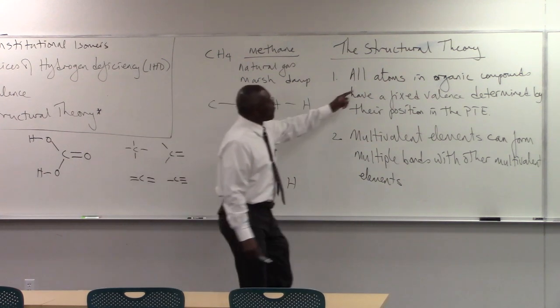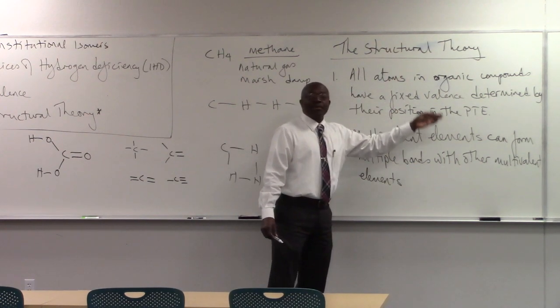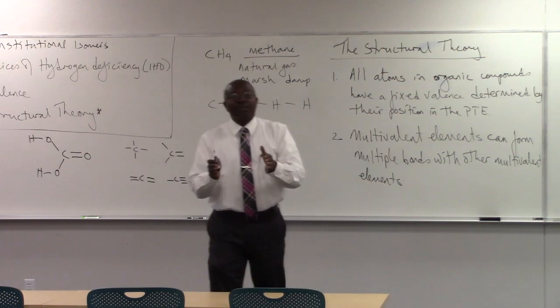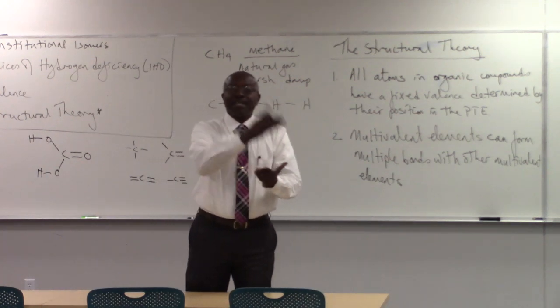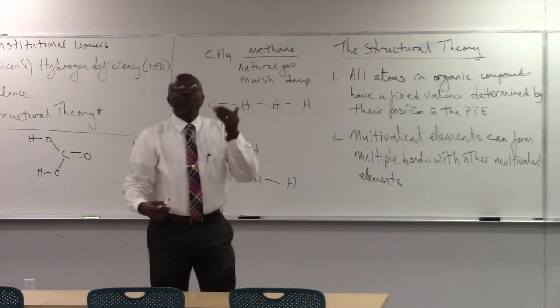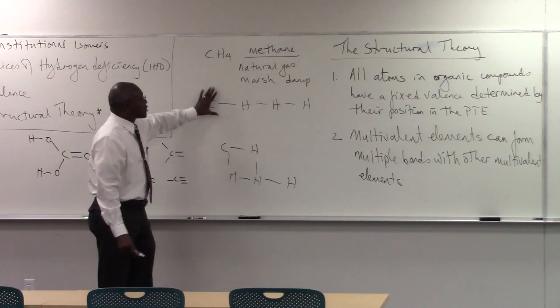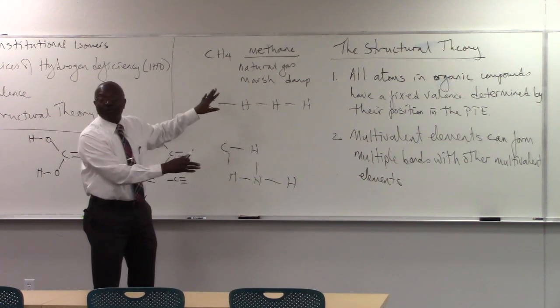Because I know that all the atoms must have a fixed valence, but it's determined by where the element is in the periodic table. The group number of the element determines its valence. If I'm in group 4, my valence is 8 minus 4. So carbon must be tetravalent. It's not here. It's monovalent. This structure can't be correct. And that's enough to disqualify it.